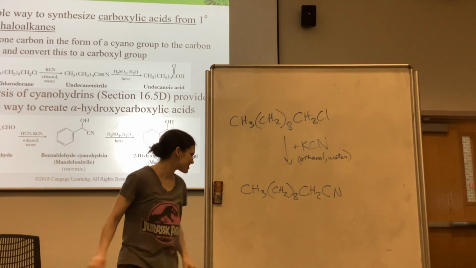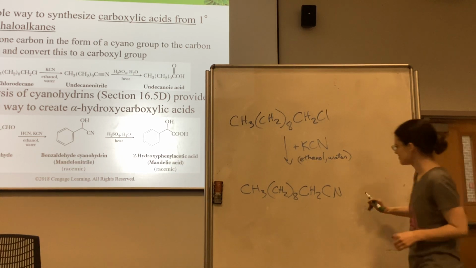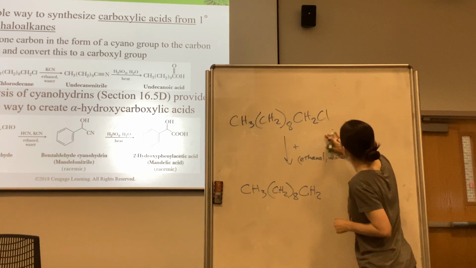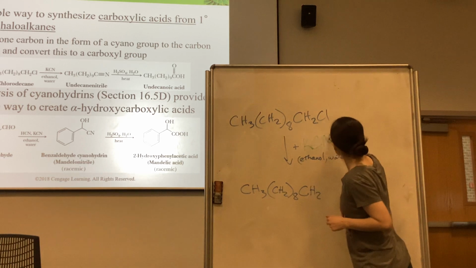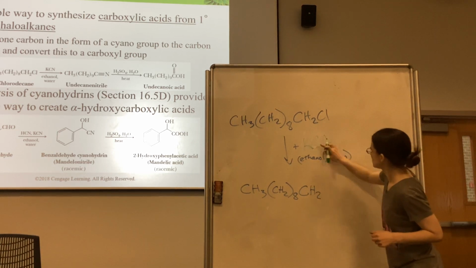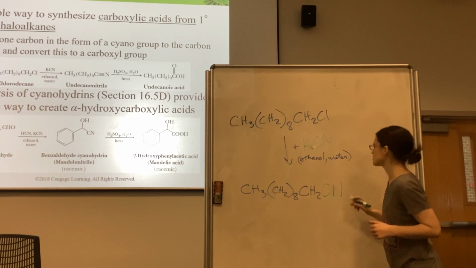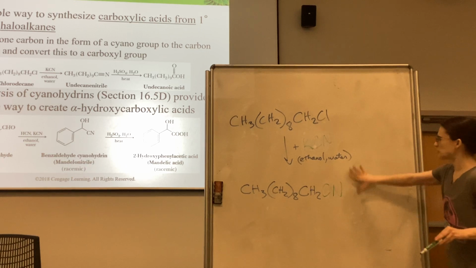Because this shows us what we did. This demonstrates that we didn't just change the chlorine to this. This color coding is not specifically electrophile, nucleophile right now, just color coding for this.